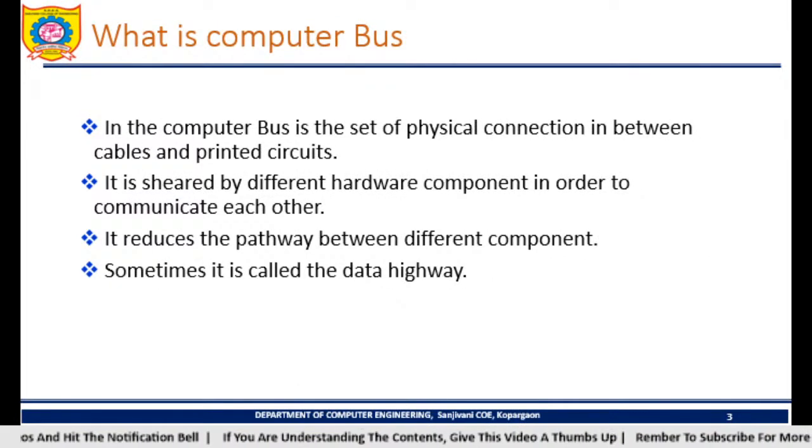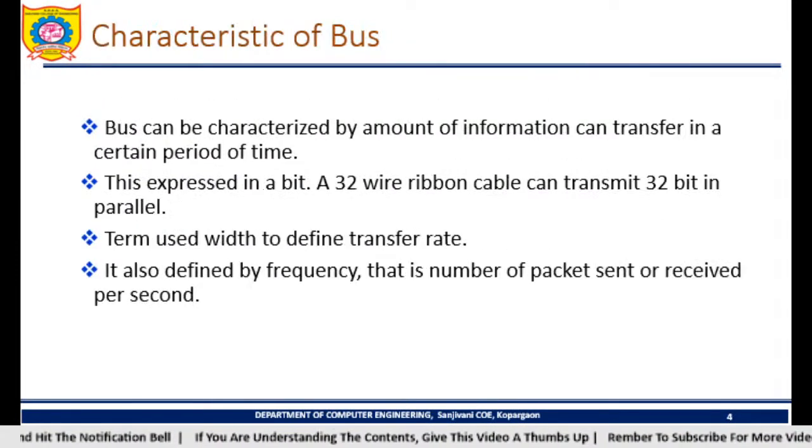So in previous it was like these things are there. The term used to define the characteristic of a bus is how many bits that bus is, what is the width of that bus. So that is 32 bit or 64 bit. You might have seen on your computers, if you go in properties of your computer, the operating system is shown, whether the operating system is 32 bit or 64 bit.